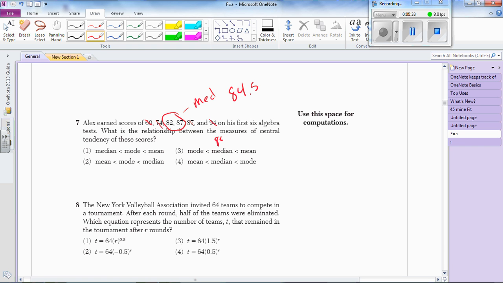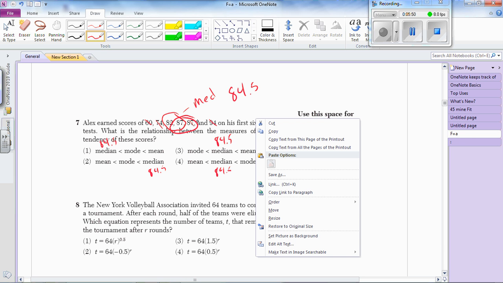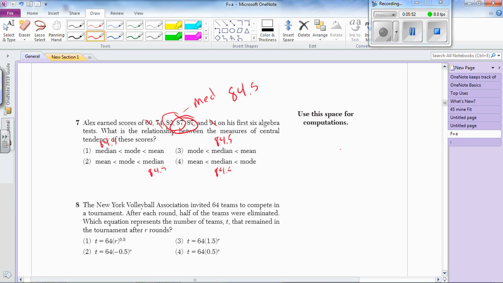So we'll put 84.5 here, put 84.5 here, and 84.5 here. The median is the next easiest one. The median, or excuse me, the mode is the next easiest one. It's just 87. So 87, 87, that one's out. 87, that one's out. 87.